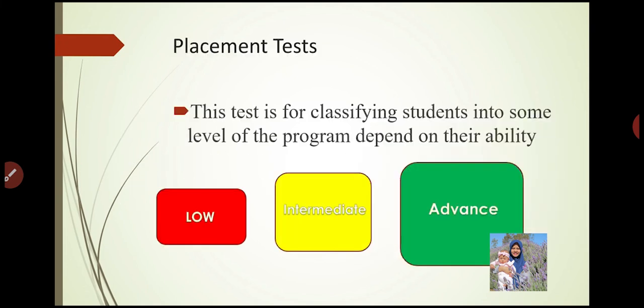The test is for classifying students into levels of the program depending on their ability: low, intermediate, advanced, or some other levels. For example, in a school, the new students take a placement test in order to classify them into classes: low, intermediate, and advanced. So the teacher can adjust the material depending on the students' competence.